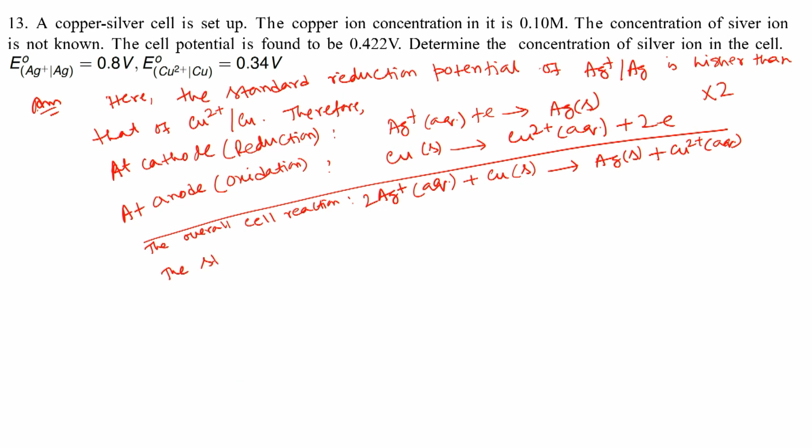The standard reduction potential of the cell, E naught cell, is E naught cathode minus E naught anode.